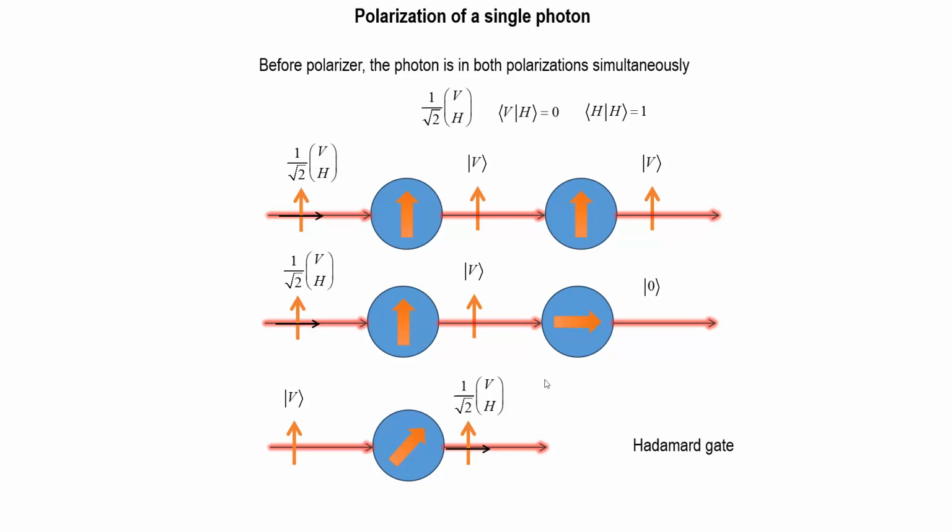Then I can, for example, put another polarizer in the vertical direction, and again select only the vertically polarized photon. So this polarizer again works as a Hadamard gate, the gate that creates the perfect, balanced superposition of vertical and horizontal states.